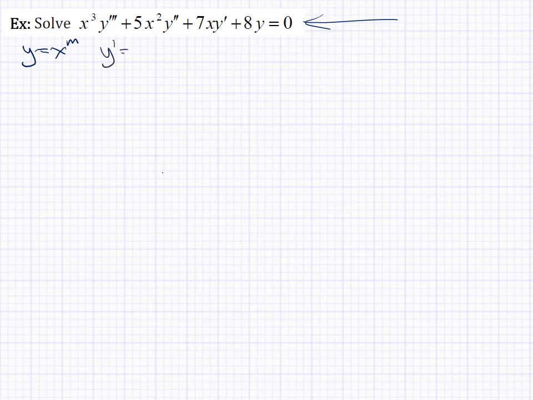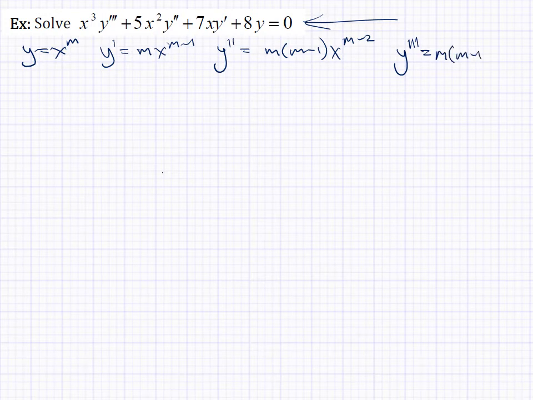So we also have to find the derivative, which is m x to the m minus 1, and then the second derivative, which is m times m minus 1 times x to the m minus 2, and then the third derivative, which is m times m minus 1 times m minus 2 x to the m minus 3. And this is the new piece, we have to plug that in as well. We plug all this in for the corresponding derivatives and then see what comes out from that, and that'll give us our auxiliary equation.